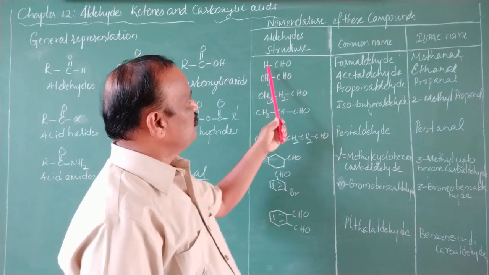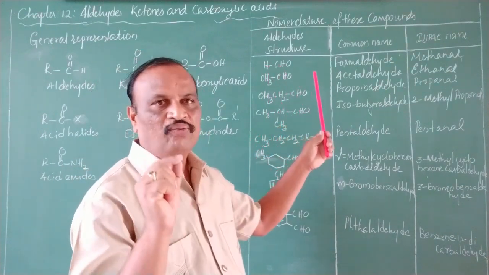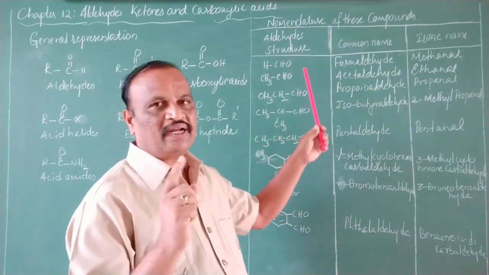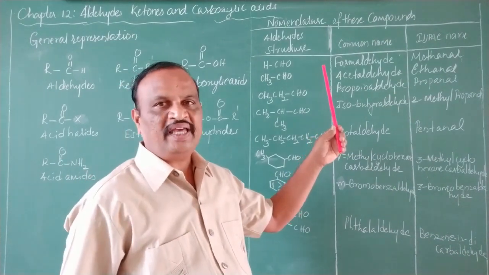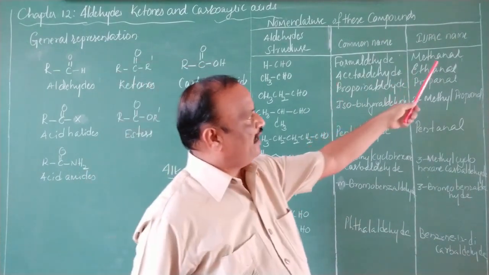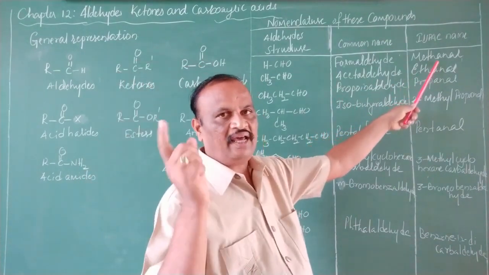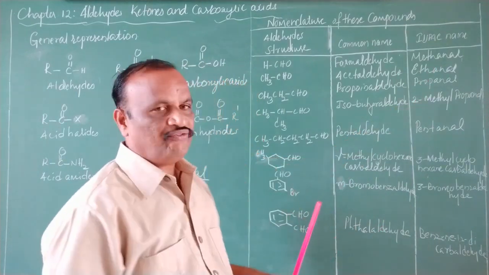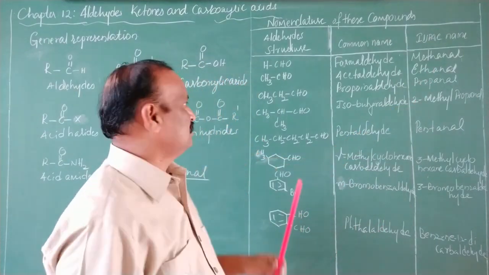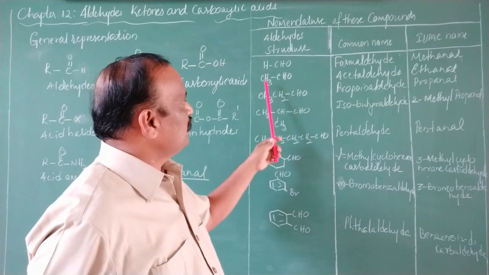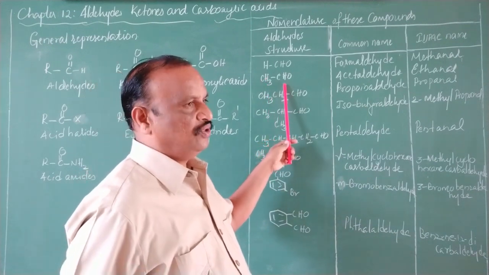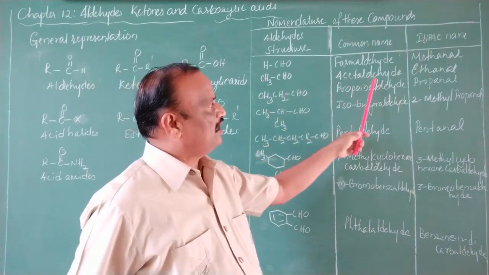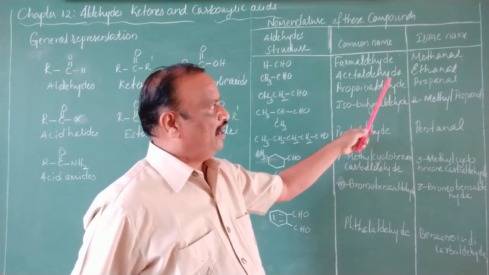The first compound is HCHO, which contains only one carbon. One carbon containing alkane is methane. Here it is methanal. The common general way of naming is alkanals. The second compound is CH3CHO, commonly called acetaldehyde.